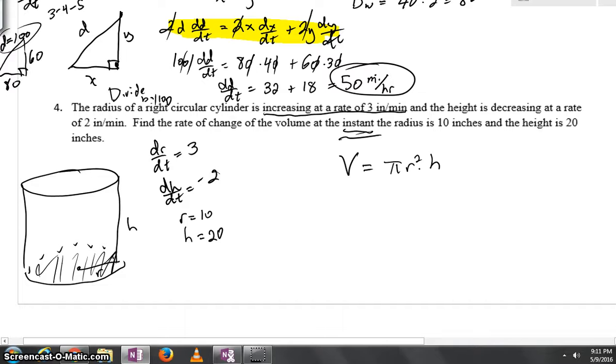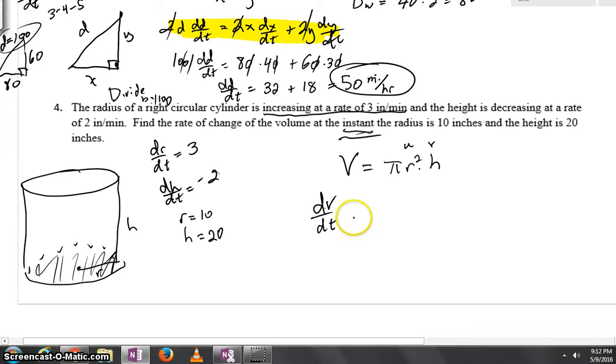And I'll tell you the truth, very often you'll have more information where you can get information about the radius and the height related to one another, and you'd be able to substitute in and get an equation with just 2 variables in the end. I'm sad to say we don't get that here. When we take a derivative, we're going to have to use the product rule on that right side.